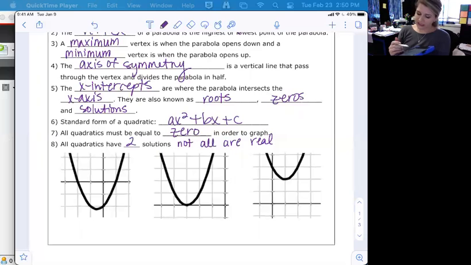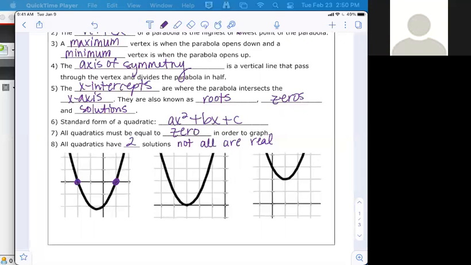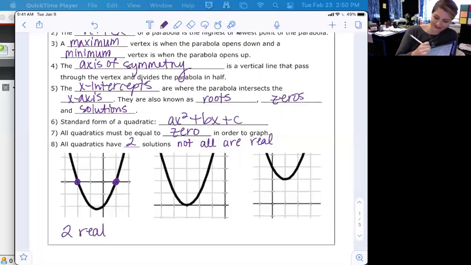If you look at this next part, how many times does my quadratic cross the x-axis? Anybody shout it out? Two. So guess what? There are 2 real solutions.